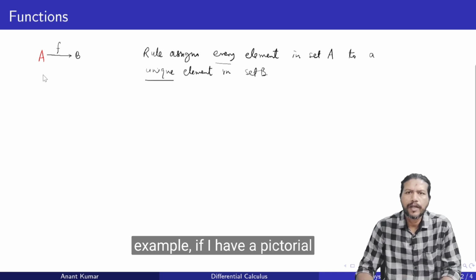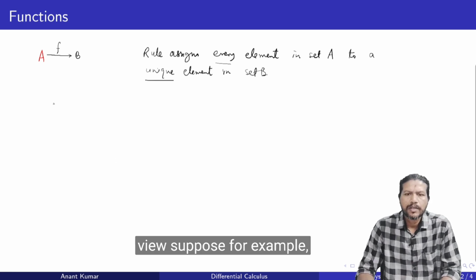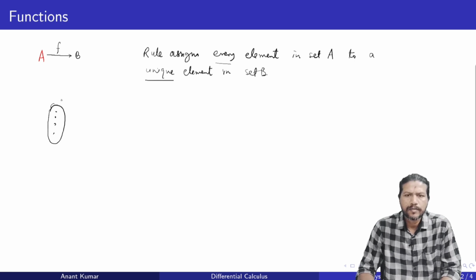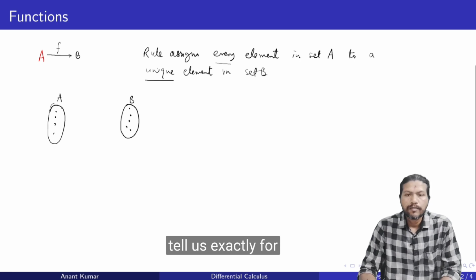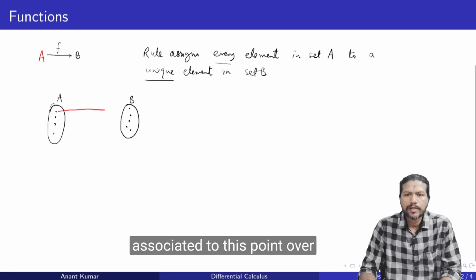For example, in a pictorial view, suppose A is a set consisting of these points, while B contains these points. The rule can tell us exactly that this point is associated to this point over here, and this one is associated to this point.